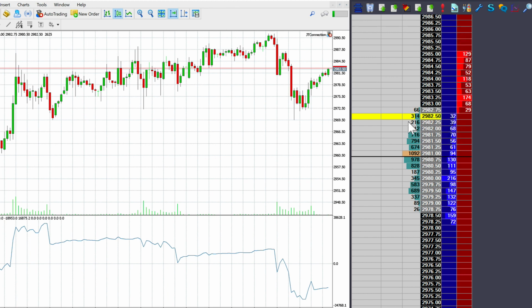So what we would say is that these people are trapped. They were trying to short here at the top of this range, it didn't work. They're all getting nervous. They're like, okay, I don't think this is going to turn around. So they're stuck, they're trapped, whatever you want to call it. At some point they have to stop out, and when they do, that's going to give you some momentum. So that's another one that I like to look for.